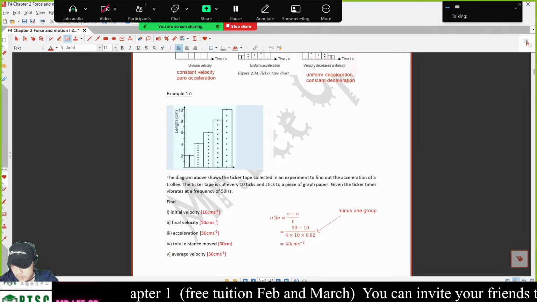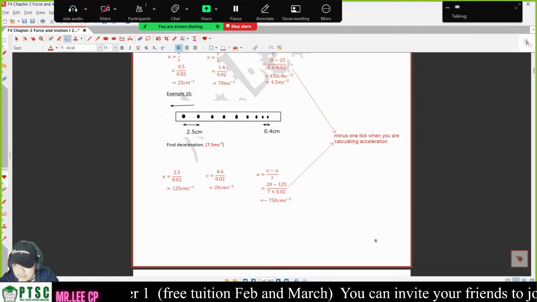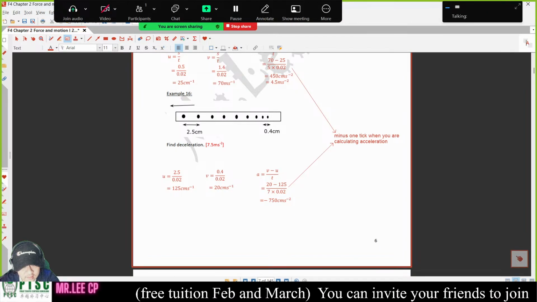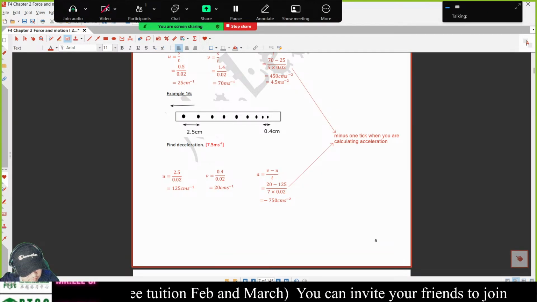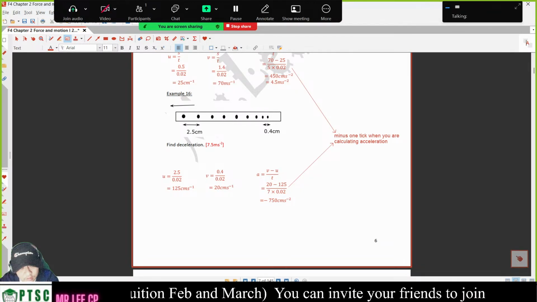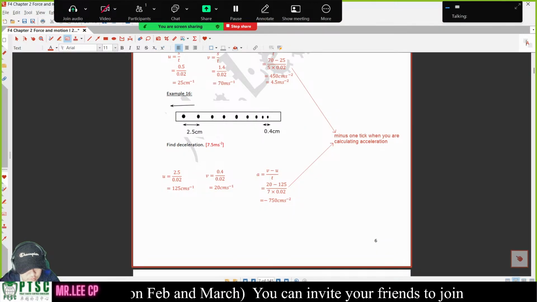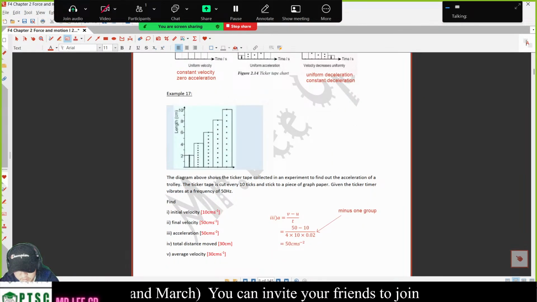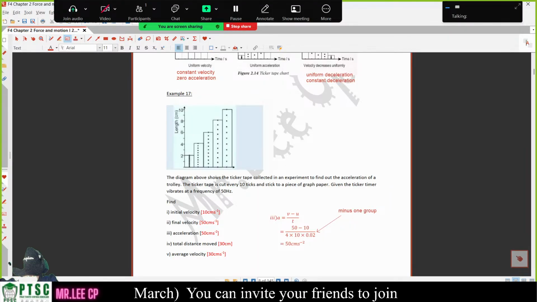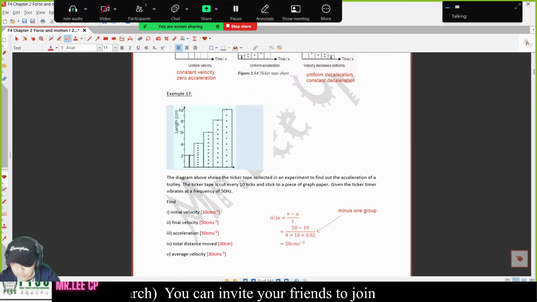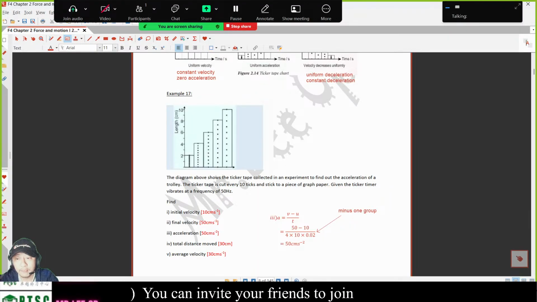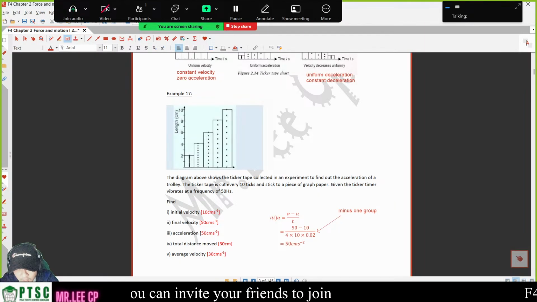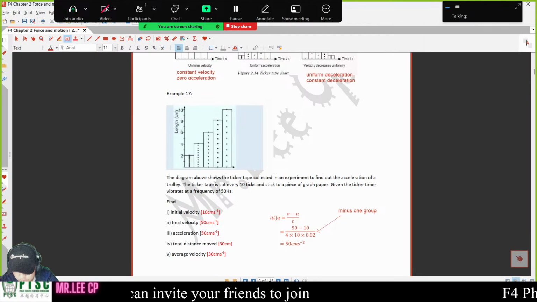Here, teacher, here you minus one tick? Yes. Because the distance they gave, it is one tick. If you give me one group, then I have to minus one group. If you give me one tick, the distance, then we minus one tick. So this one, we minus one tick only. This one, we minus one group. I'm sorry. 1, 2, 3, 4, 5. So we use 4 only.